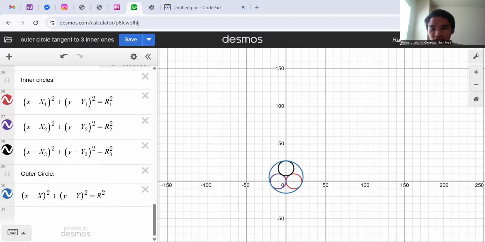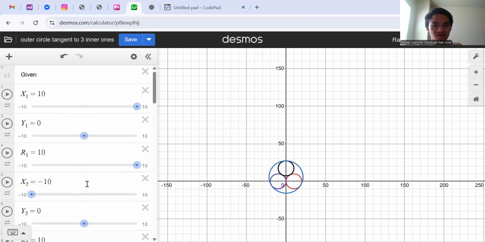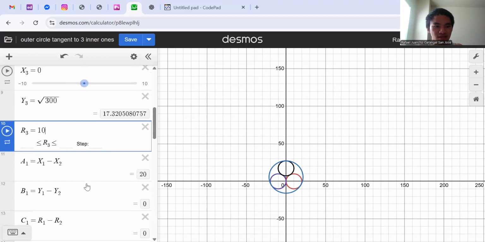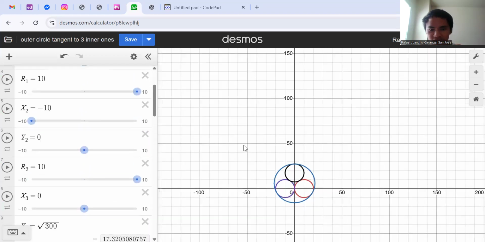And then maybe just to end it, I'm going to solve this one. Let me just quickly solve for 10. That's the example I have right now.